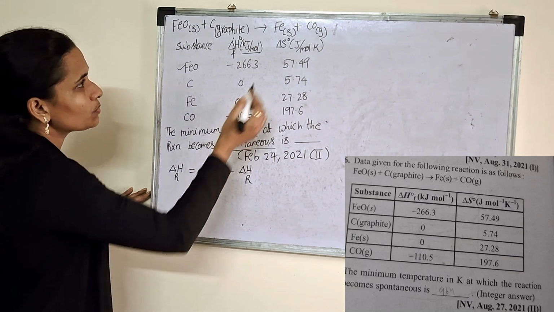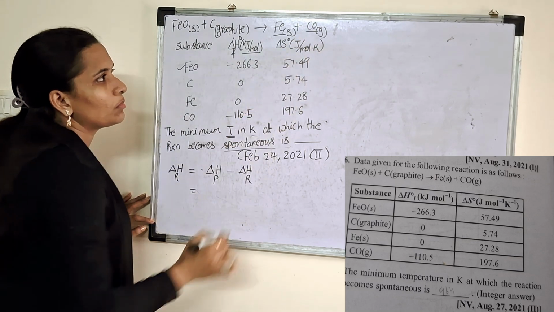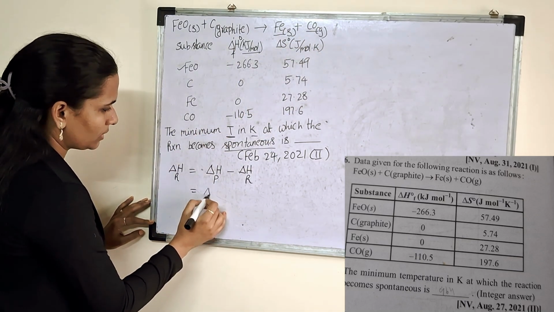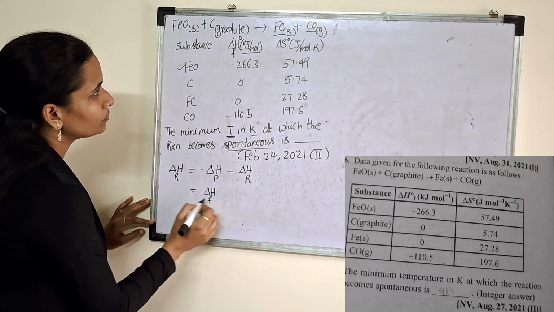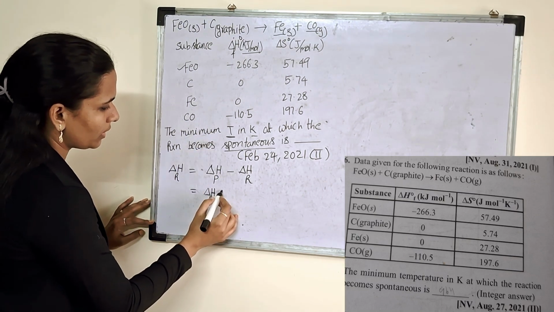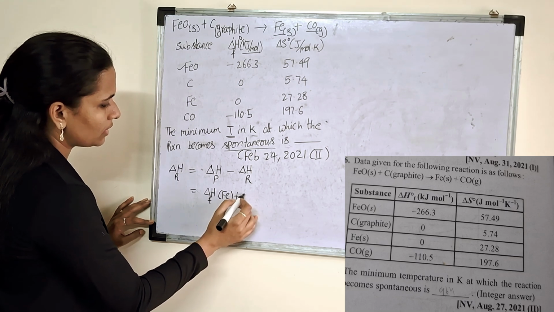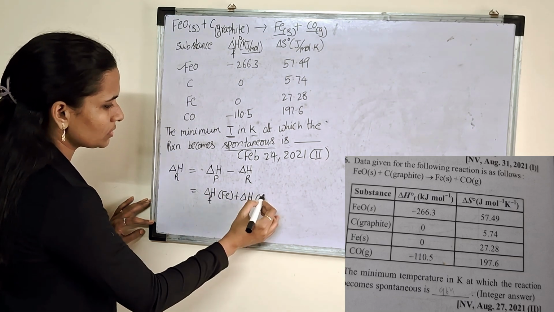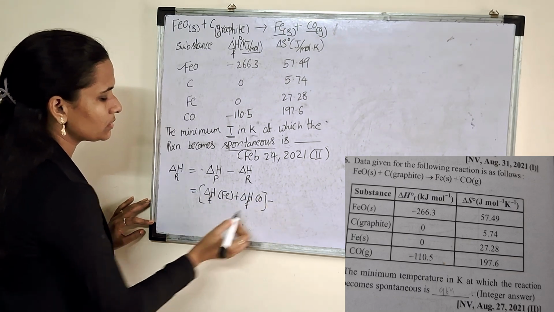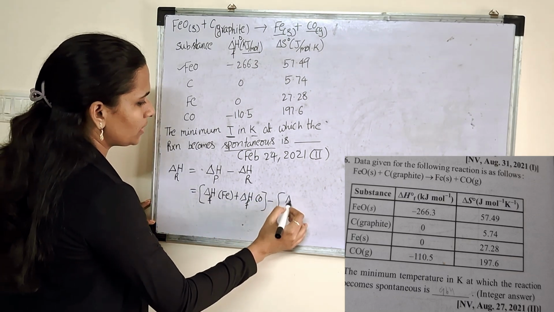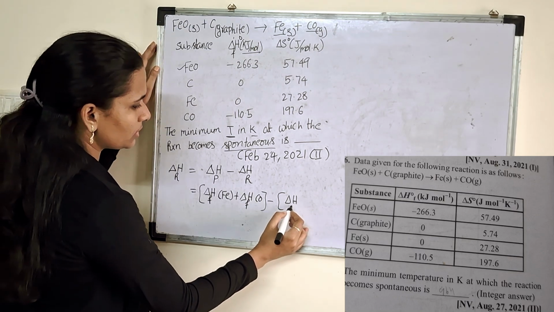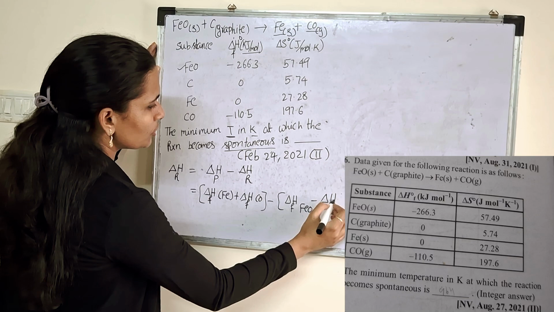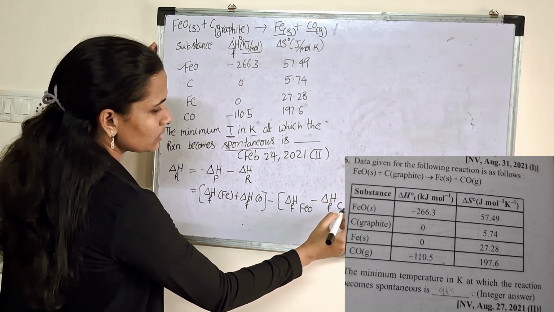The products are iron and carbon monoxide, so delta H formation of iron plus delta H formation of carbon monoxide, minus the reactants: delta H formation of FeO plus delta H formation of C graphite.